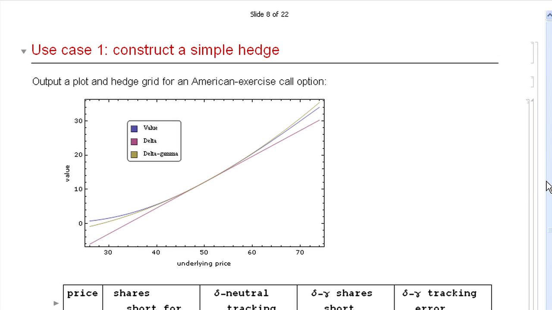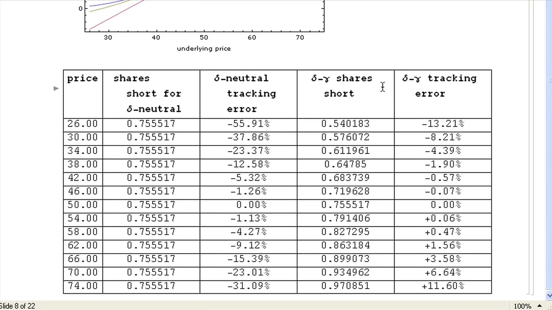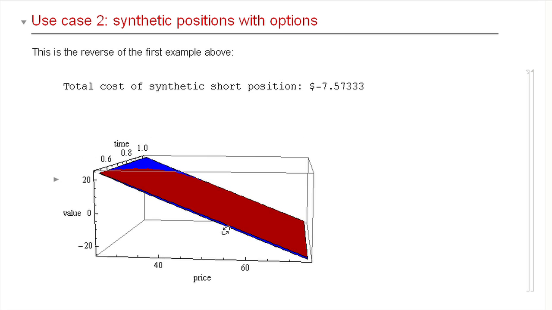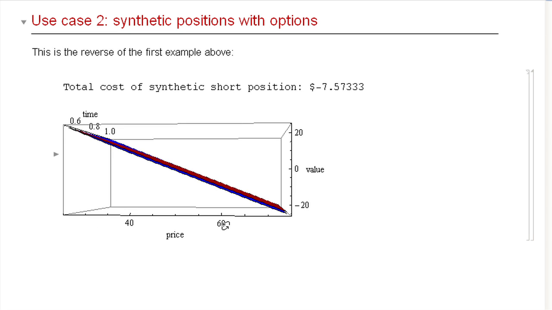Here's another example, another way to state the same thing, which is a hedge table for the same option. Here's another example. A short position on an asset is a position which is the diametric opposite of a long position, as the name suggests. So as the price of the asset goes up, a short position loses value, just as if the price of the asset goes up, a long position gains in value.